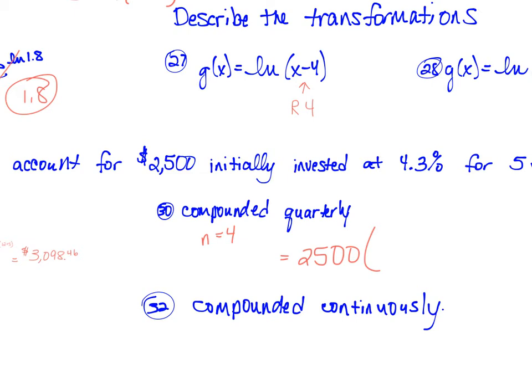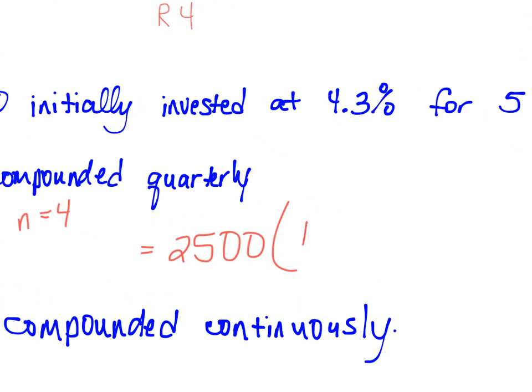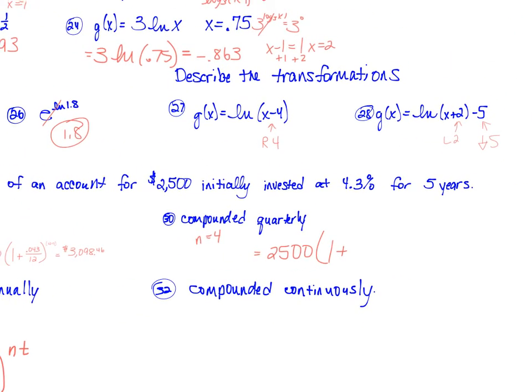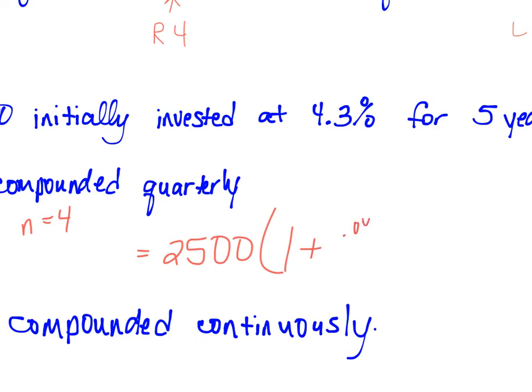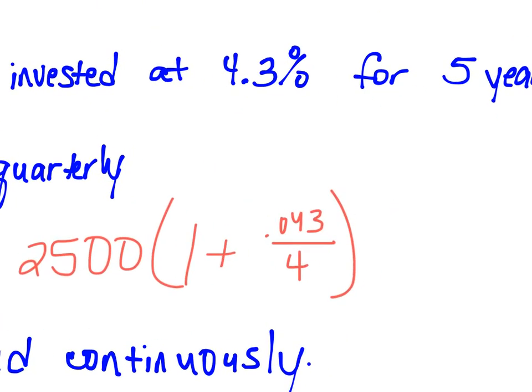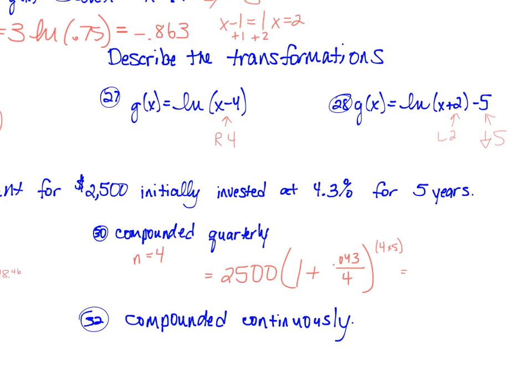How many quarters are in an hour? 4. Oh, you got to memorize that. So what am I writing? 0.043. Instead of divided by 12, I'm dividing by 4, and then I'm raising it to the 4 times 5 power.